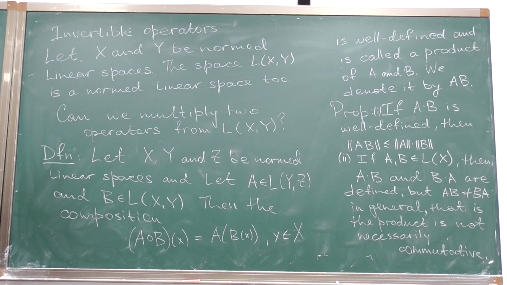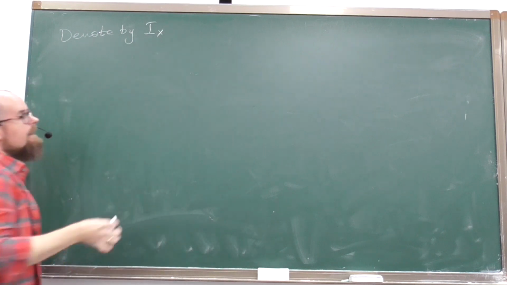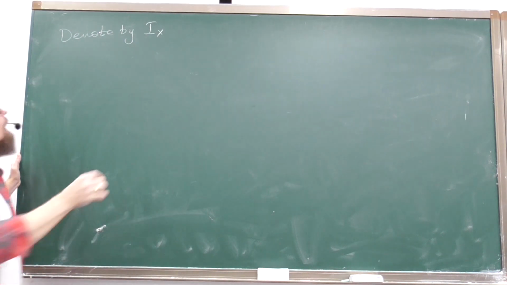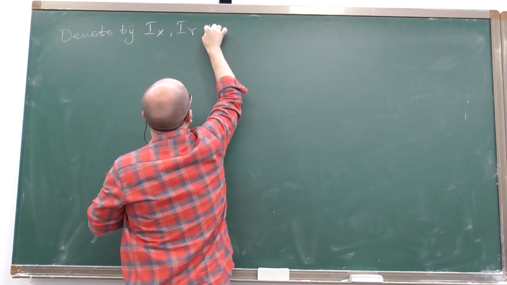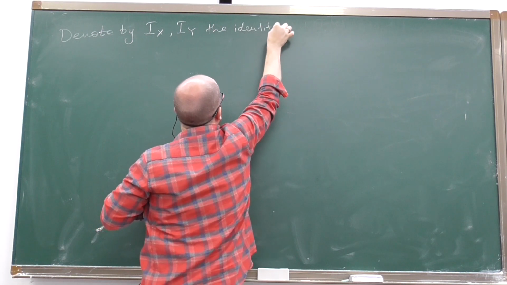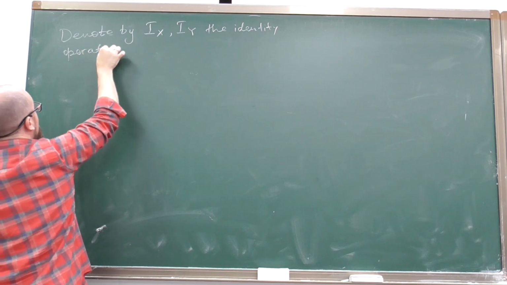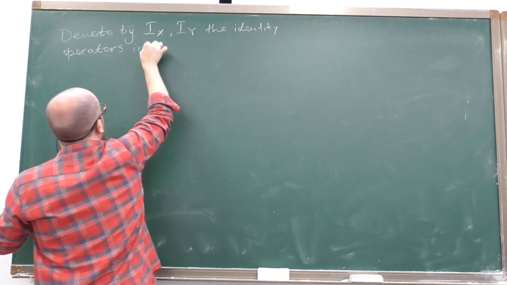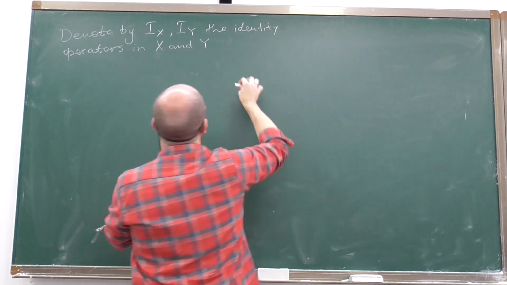But let's first of all define the notion of an invertible operator and then discuss the conditions for an operator to be invertible. We denote by I sub X and I sub Y the identity operators respectively.